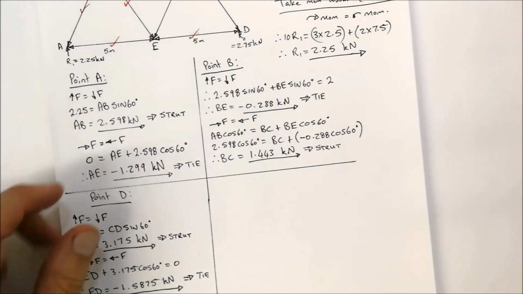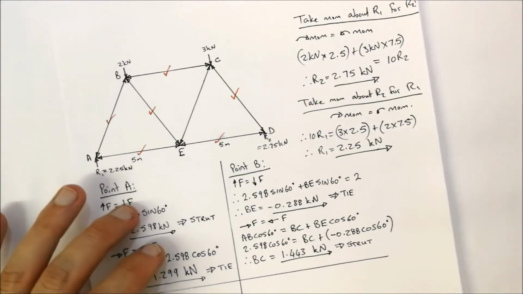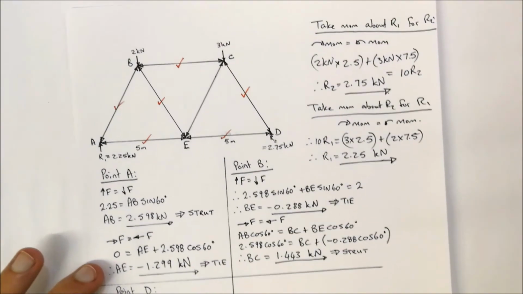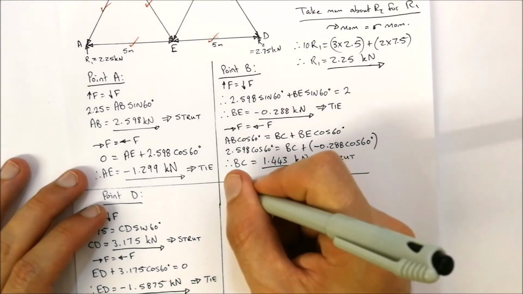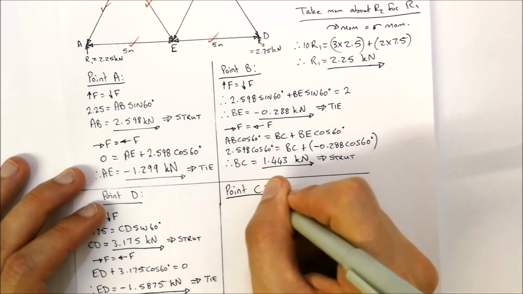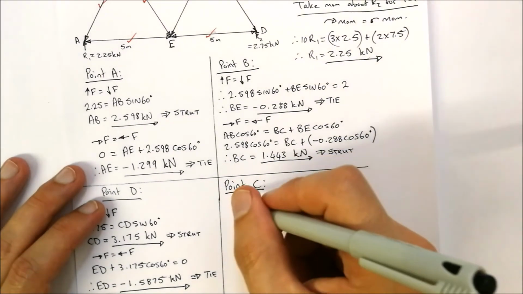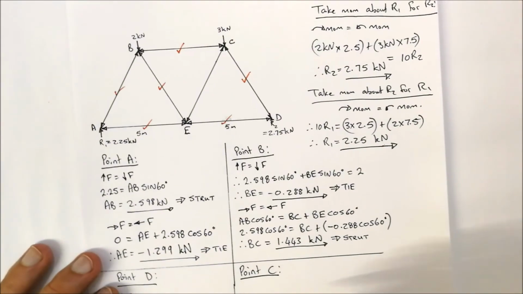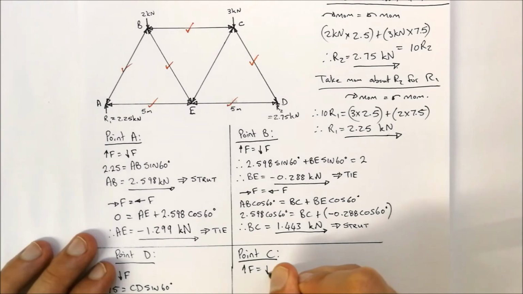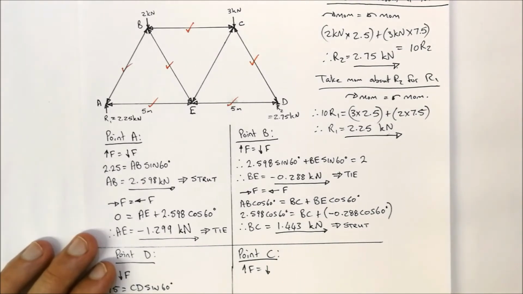For this I'm going to use point C as the point I'm going to focus on for my calculations. Again, upward forces equal downward forces. You could probably do right hand forces equal to left hand forces as well, and you should get the same answer.